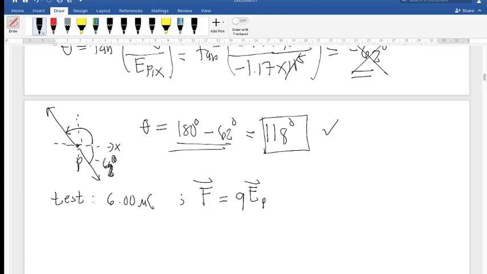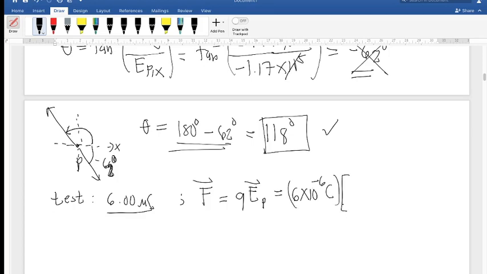So just use this equation, since you calculated the electric field at point P, where the 6 microcoulomb is placed. Your Q here is the 6 microcoulomb, so we have 6 times 10 to the negative 6 coulomb.